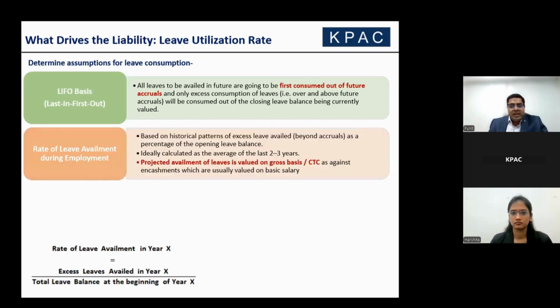The rate of leave availment during employment is typically estimated based on the historical patterns of how the excess leaves availed beyond what was newly accrued, as a percentage of the opening leave balance. And we often look at the last 2 to 3 years of data.